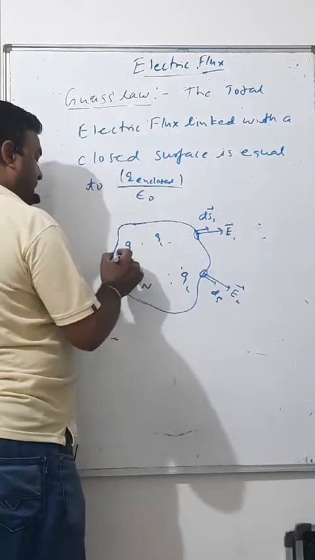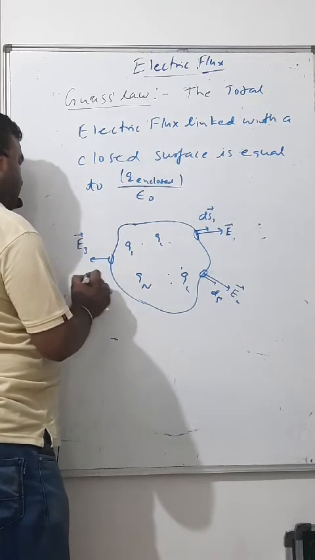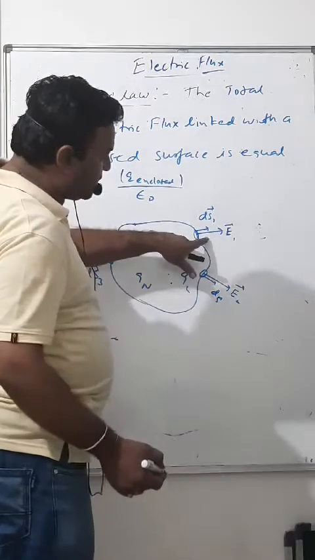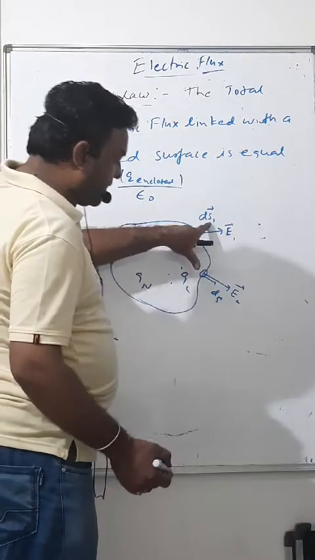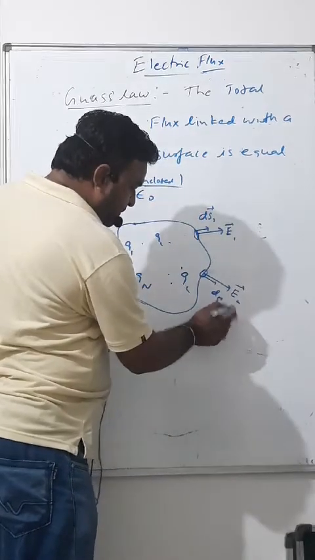This area. In the same way, E3, ds3, and so on. Now flux through this point is E1 dot ds1, at this point E2 dot ds2, at this point E3 dot ds3.